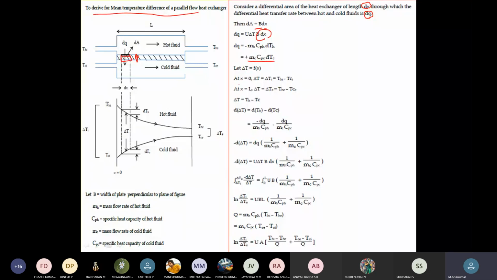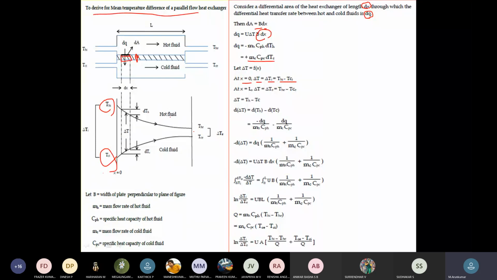If x is 0, delta T is the inlet value, that is T_hi minus T_ci. This temperature, right? So this minus this. So at this state, if x is 0, it is only this, T_hi minus T_ci.